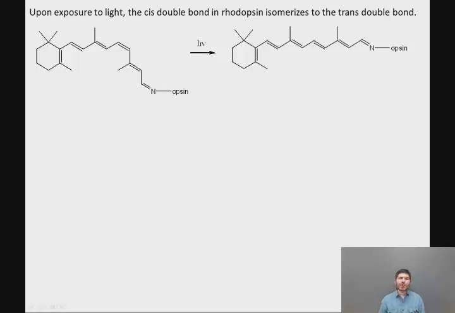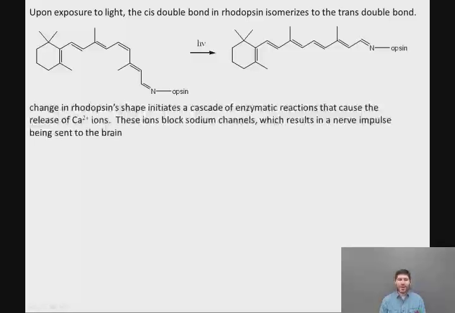So upon exposure to light, the cis double bond in rhodopsin isomerizes. It's a photoisomerization to the trans double bond. And as you can see from the way I've drawn it, but this is actually true in real life, this cis-trans isomerization causes a significant change in rhodopsin's shape.